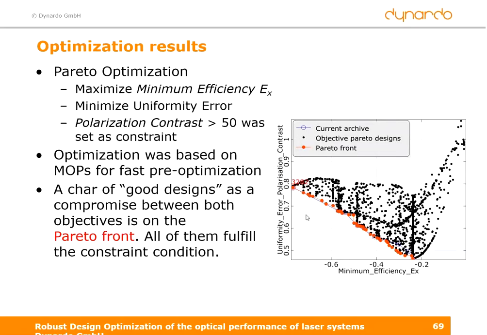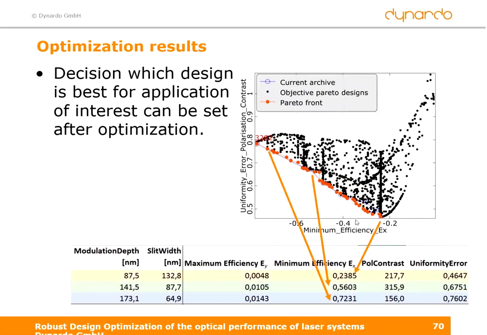And now you as a user can select which design is the best for your application. So you might say that in this left part you have the best design for your application, because here the uniformity error is rather high, but the efficiency in X direction is rather high as well.